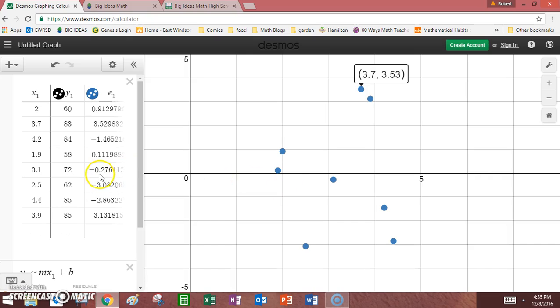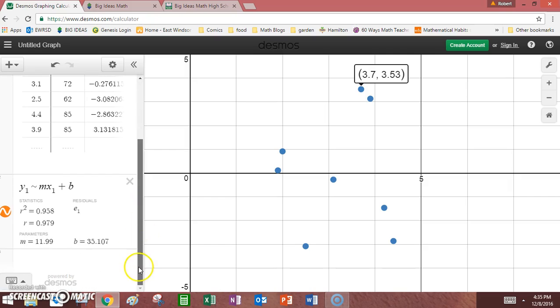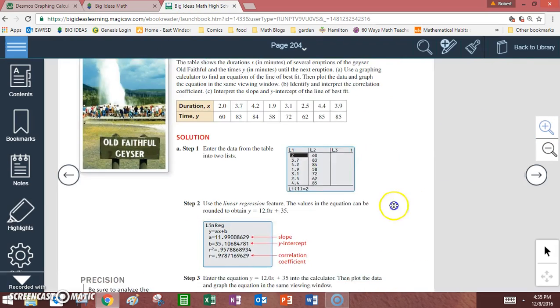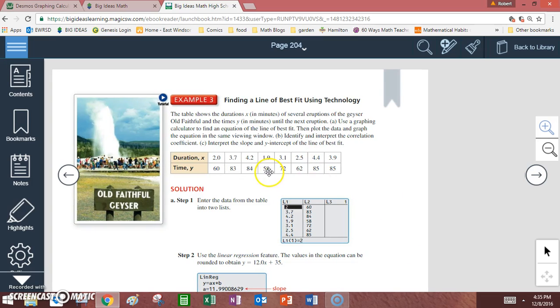All right. If we go back for a moment and interpret things, the slope is 11.99. The y-intercept is 35. So we go back to this example: interpret the slope and the y-intercept.